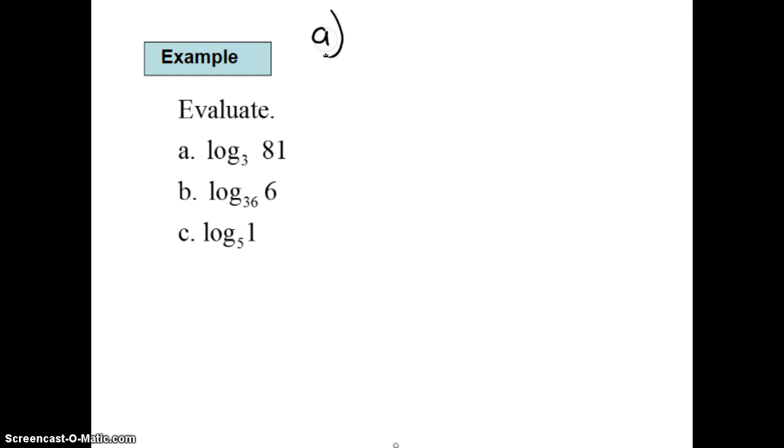A, log base 3 of 81. And I'm going to put a little equals some value that I do not know called x. Now, I'm going to go from bottom up, so 3 to some number equals 81. Now, 3 to what value equals 81?